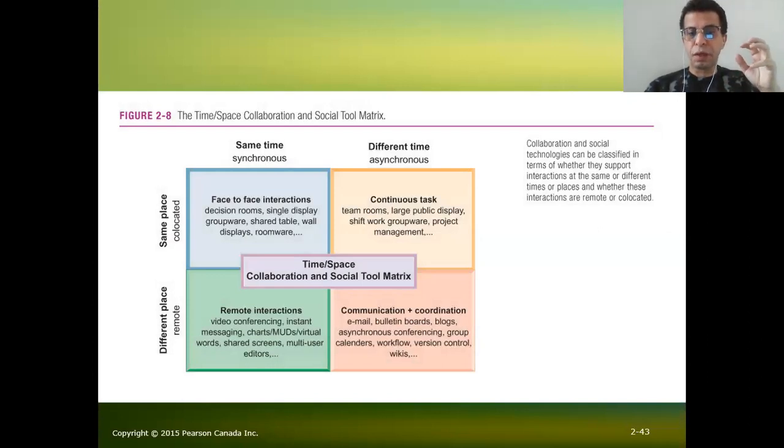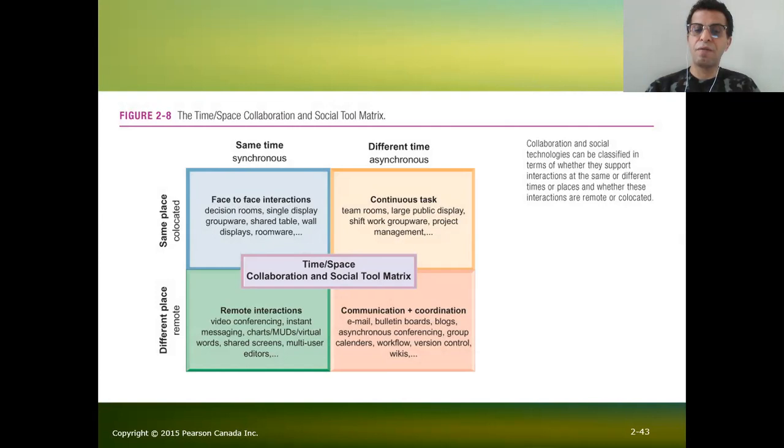Now the time-space collaboration and social tool matrix. Sometimes our work is at the same time and the same place, so we need synchronous work, working together at the same time, with face-to-face interaction.